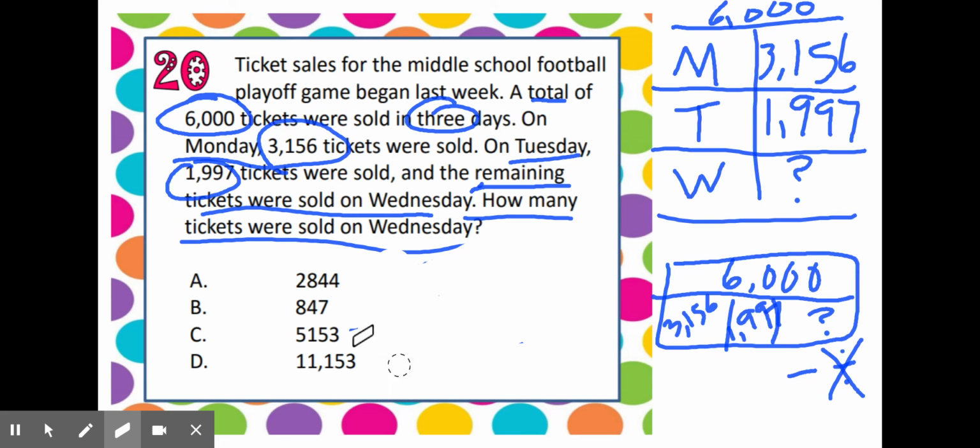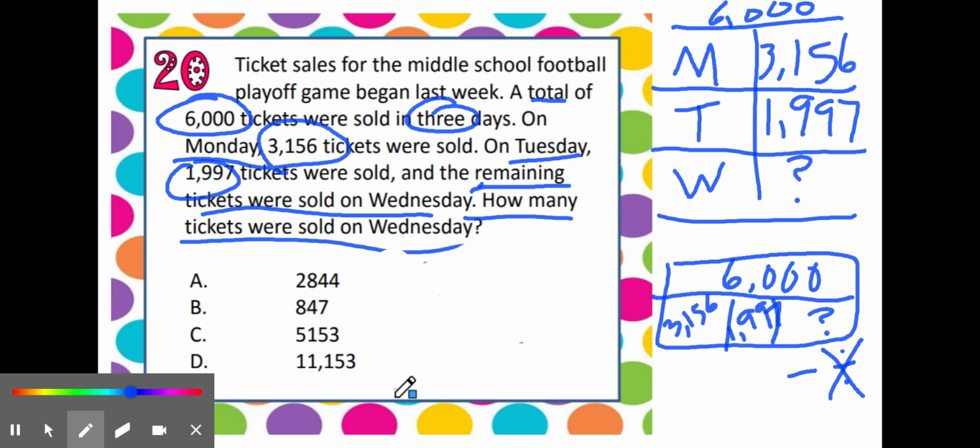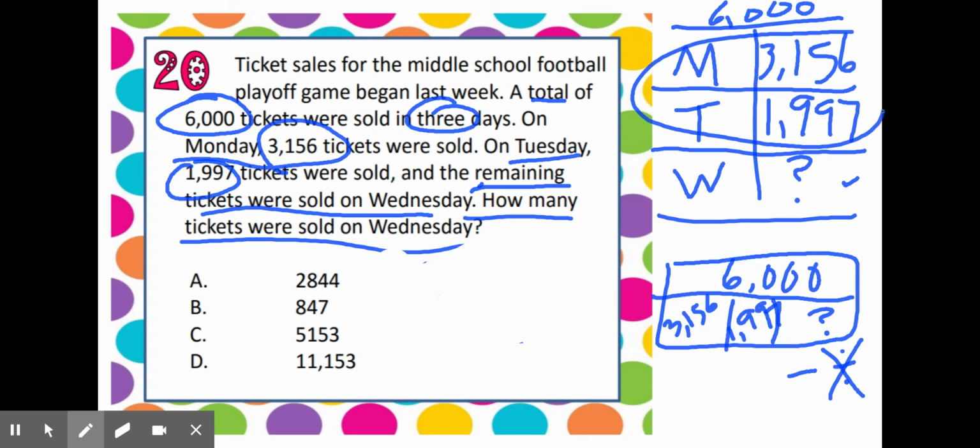So one thing I've always told my students is that anytime you're missing someone over here, always add up what you have and then subtract it from the total. So we're still minusing, but rather than have to minus twice, we're going to add up these parts first and then we're going to minus. But like I said, the other way will work also.